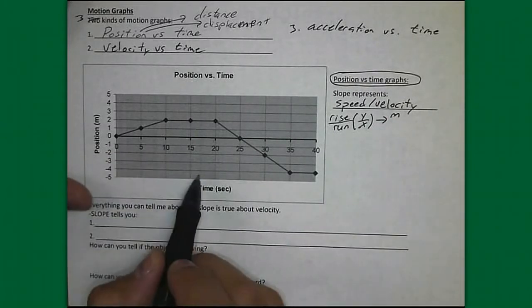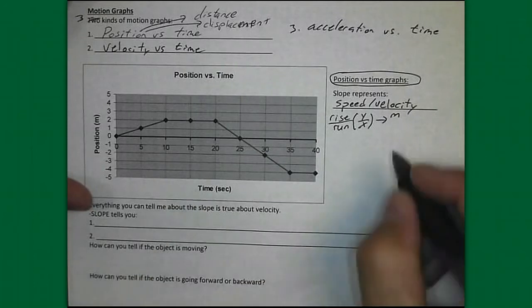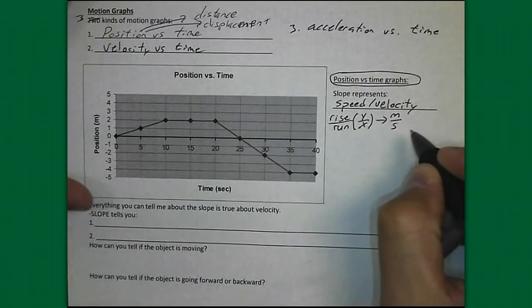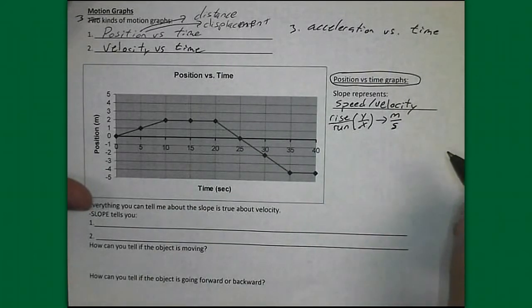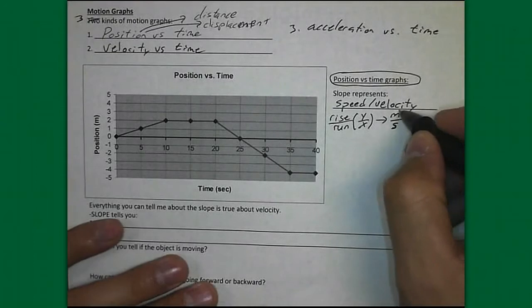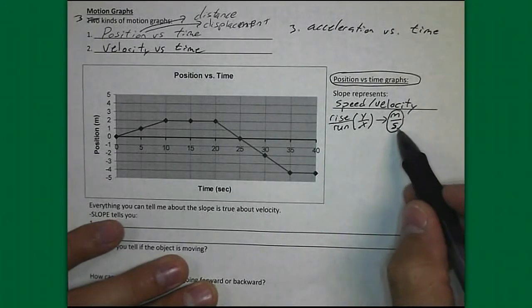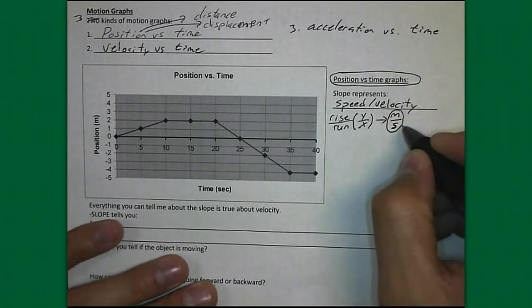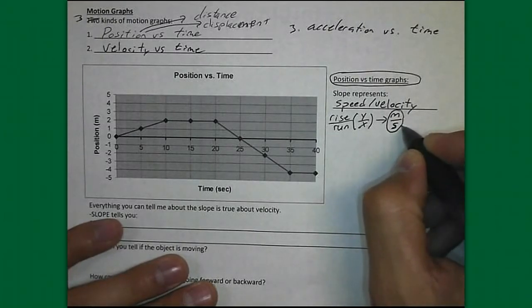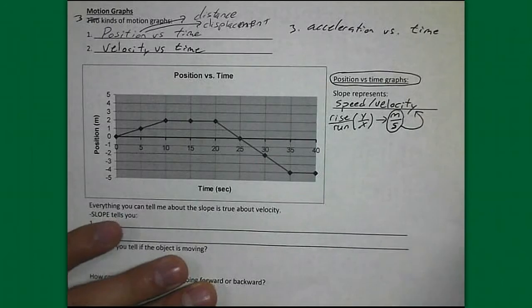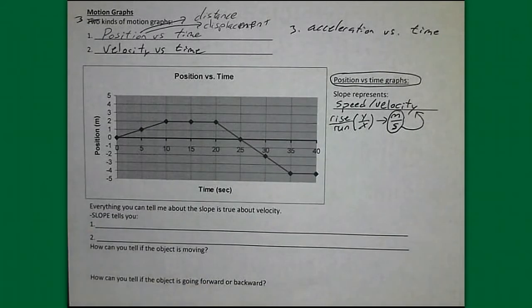The x variable is time, and the units for time are seconds. So if we calculate a slope and we do y over x and we divide this out, our units for that will actually be meters per second, which is the most common unit in physics for speed and velocity. That's how we know that the slope of this position versus time graph must represent velocity.